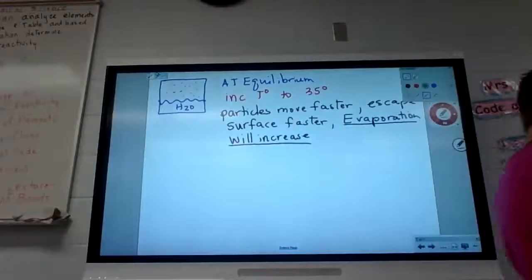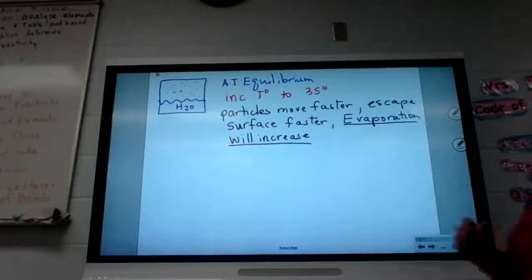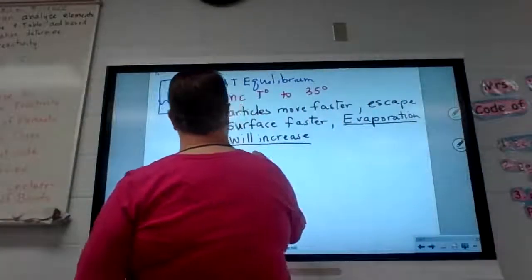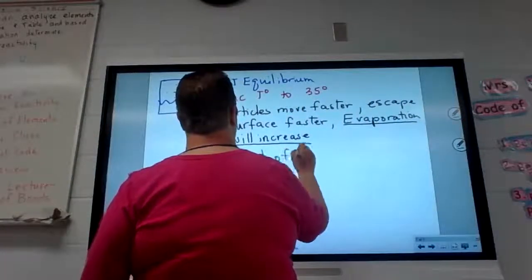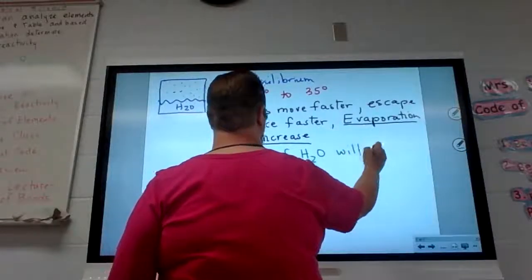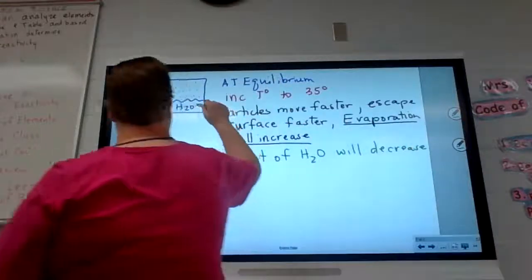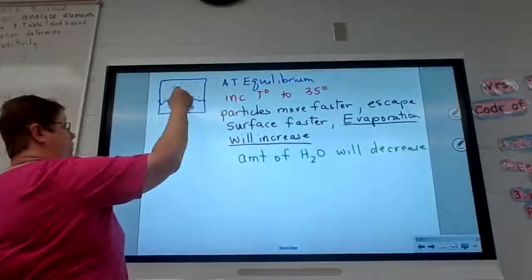All right, so let me ask you this. If evaporation increases, what will happen to the amount of water? I hear decrease. We're talking about liquid water, the liquid part at the bottom.